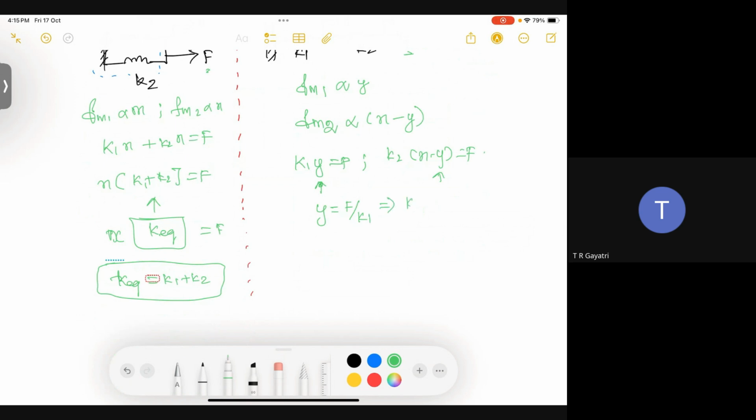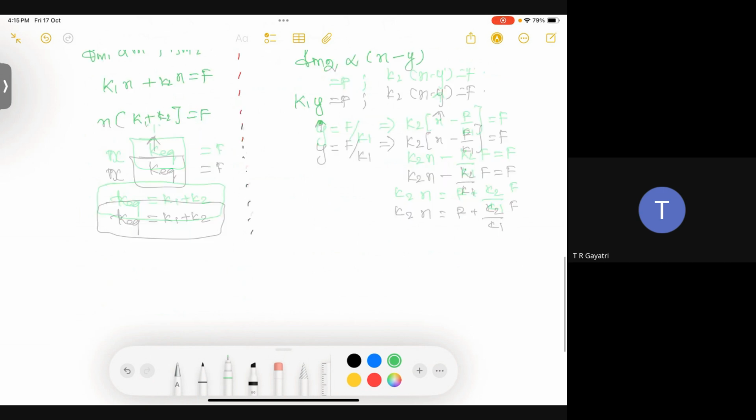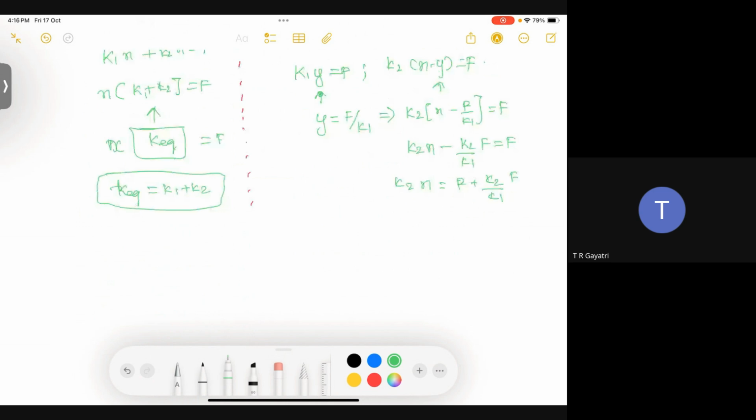When I substitute here, K2 (x minus F by K1) equal to F, this will be K2 x minus K2 by K1 F equal to F. K2 x is equal to F plus K2 by K1 F. Taking F as a constant, K2 x equals F times (1 plus K2 by K1).